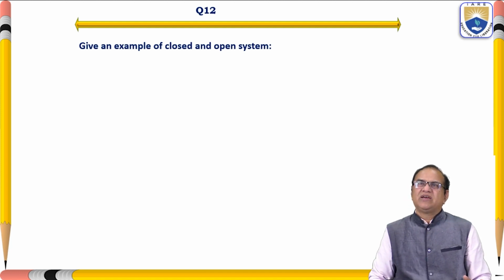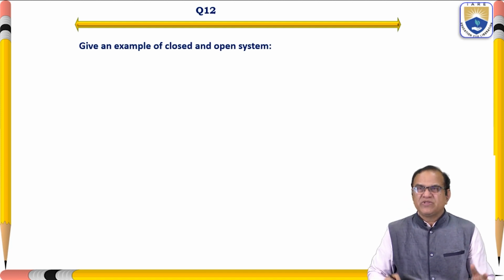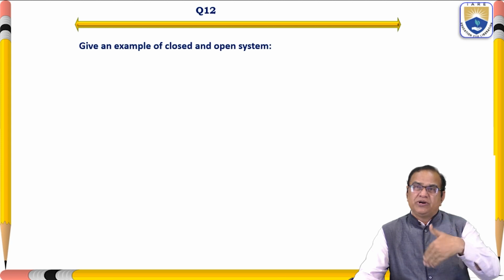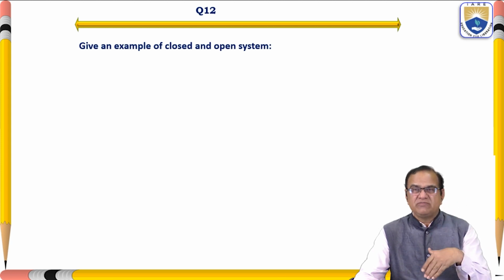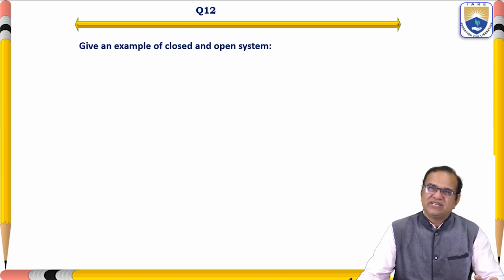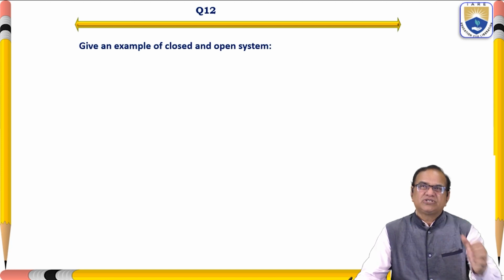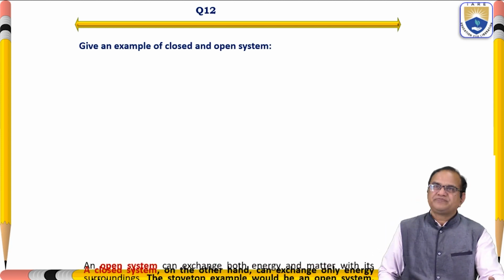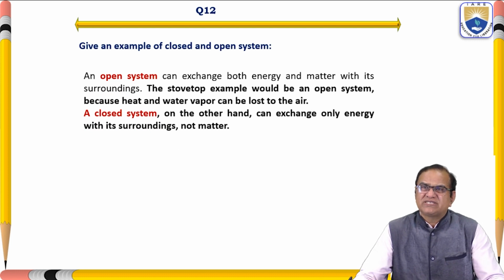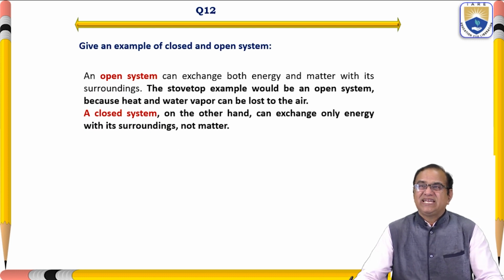So that is the difference between the closed and open system. If you see your turbine engine, they are the open system, and if you see your piston engine, they are almost the closed system. An open system can exchange both energy and the matter with its surrounding.